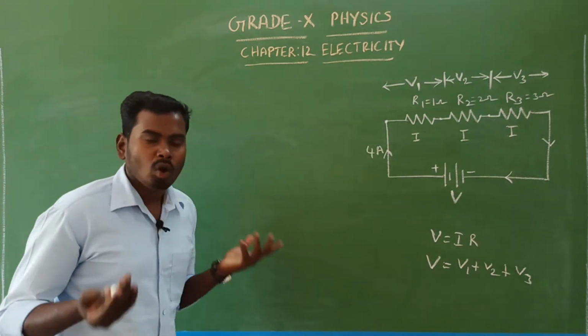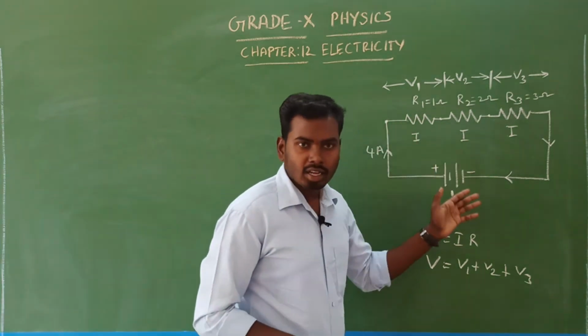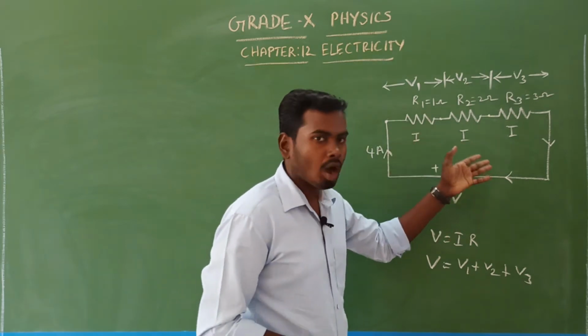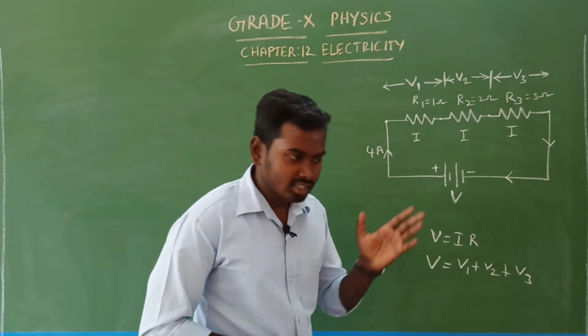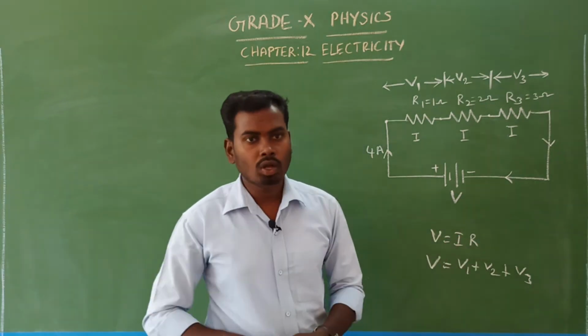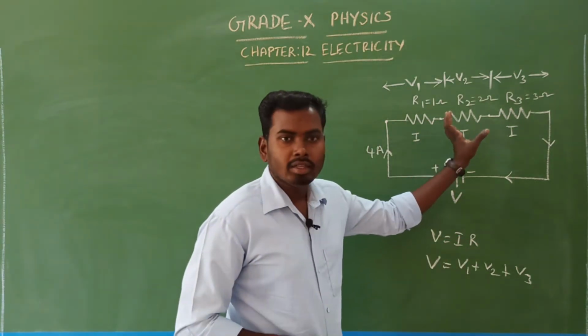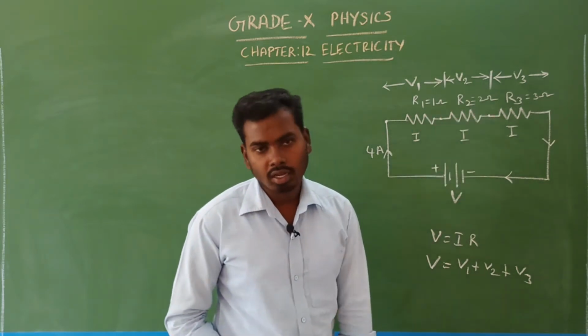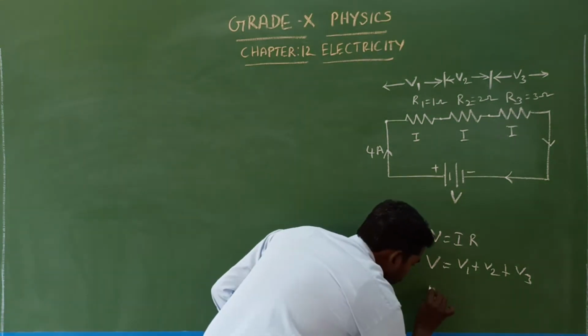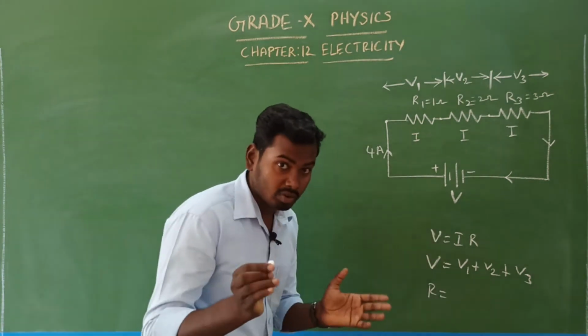You tell me. What is the total resistance value in this combination, which means series combination? The total resistance in series combination is equal to the sum of all the resistors' values. Note this point, very important one.